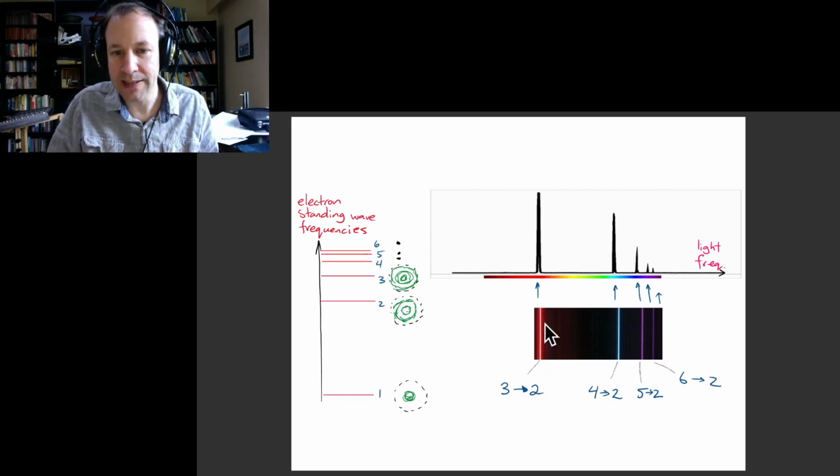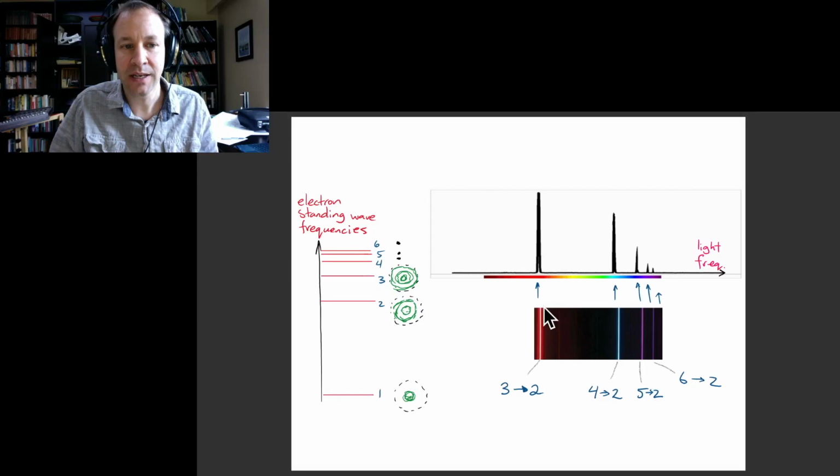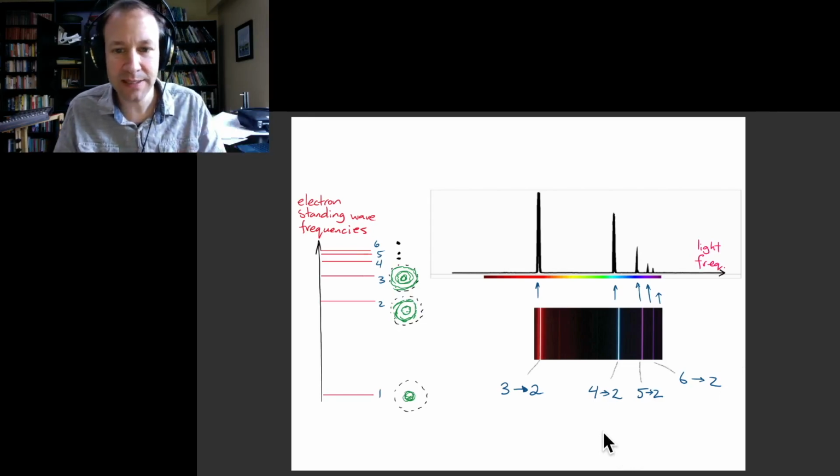So this line in the spectrum of hydrogen comes from a transition between the number 3 pattern in my chart to the number 2 pattern. This line comes from a transition between the number 4 pattern to the number 2 pattern, and so forth. And you might notice there are a lot of possible transitions missing here.